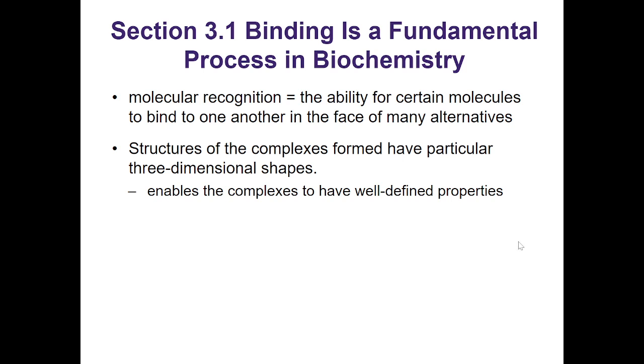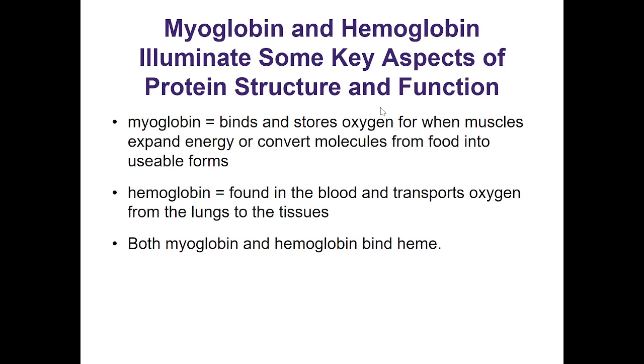Okay. So the structure of the complex formed has to have a particular three-dimensional shape. This enables these complexes to have well-defined properties because, again, structure dictates properties, and that dictates function, doesn't it? So myoglobin is going to bind and store oxygen for when muscles expend energy.